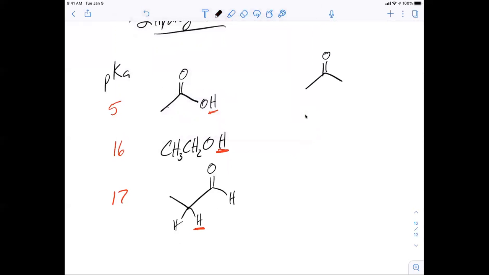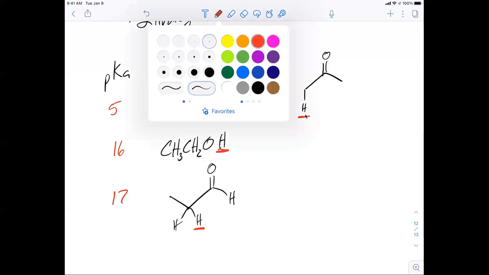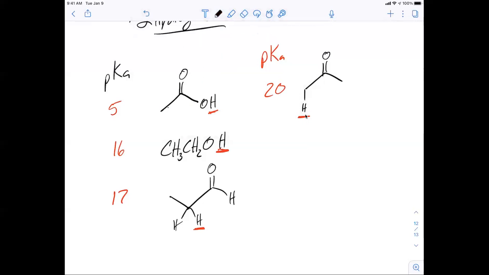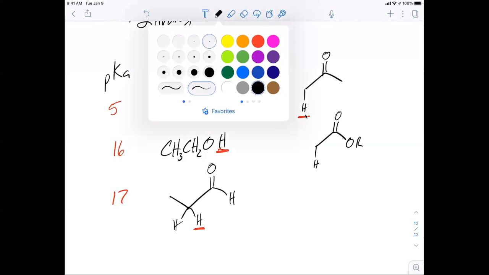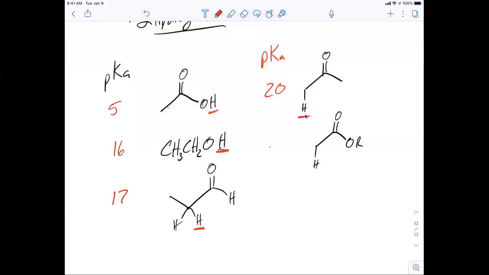If we look at a ketone, now we're moving up a little bit more in pKa, so about 20. Our esters, a little less acidic, about 25.